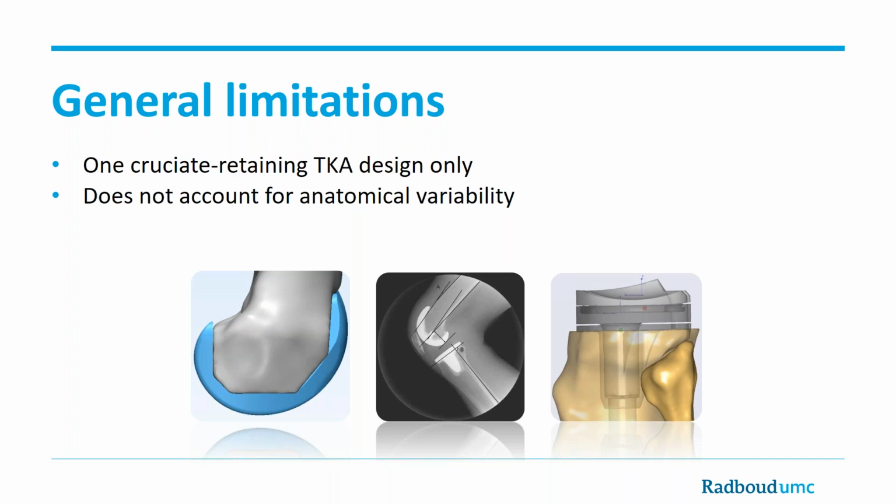In posterior stabilized prostheses, there is no PCL, and the stability in flexion is dependent on other parameters. Also, this model does not account for anatomical variability that can be found in patients, especially if we consider very severe deformities. Therefore, this needs to be further evaluated.